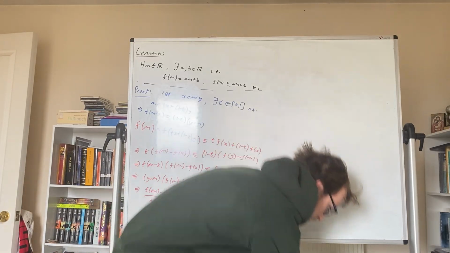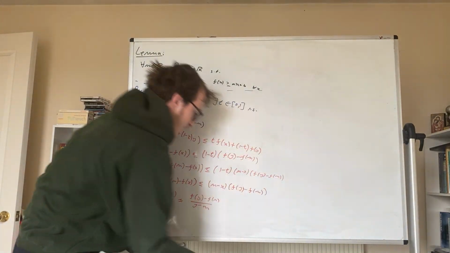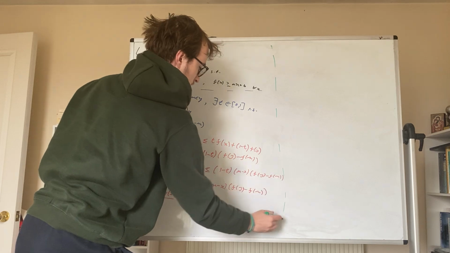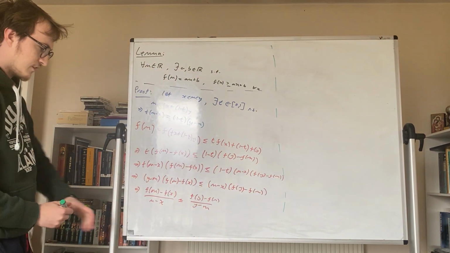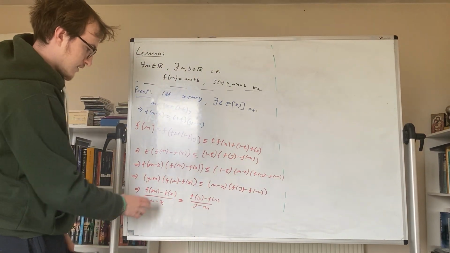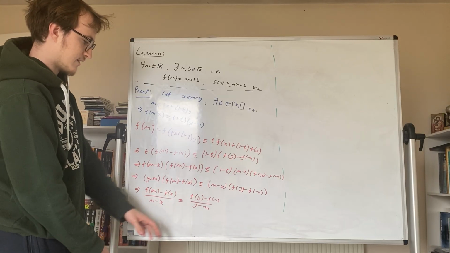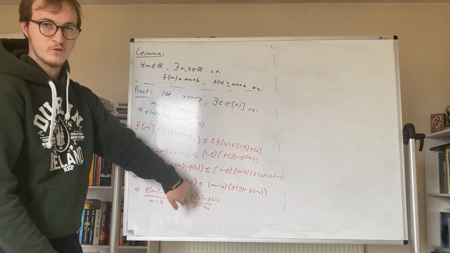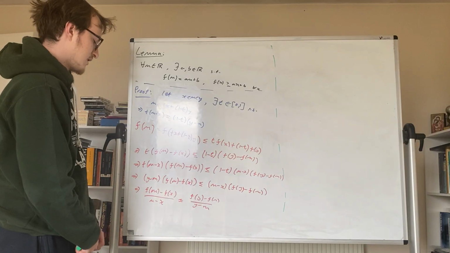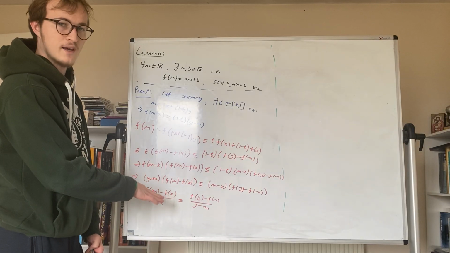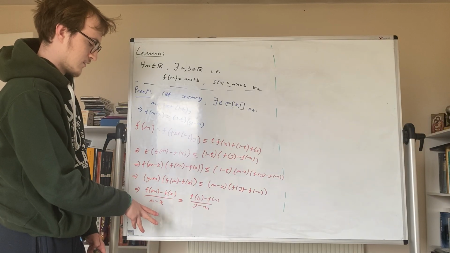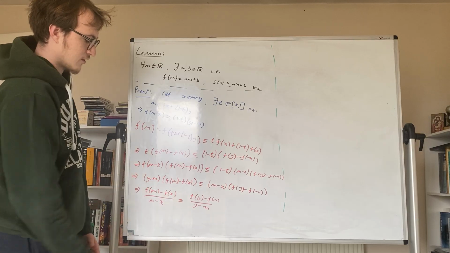And what have we obtained? Well, we've obtained that the slope at x is less than the slope at y, because m was an arbitrary choice. And this holds for all m's, so the slope at x is less than the slope at y.